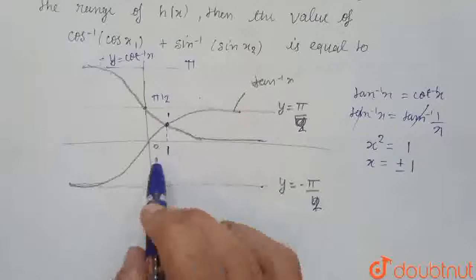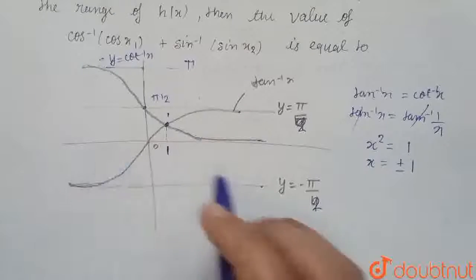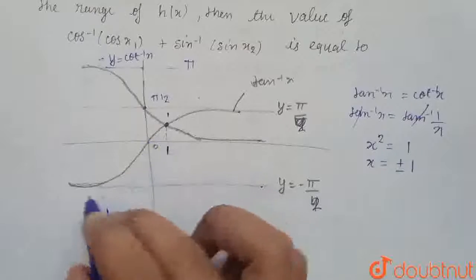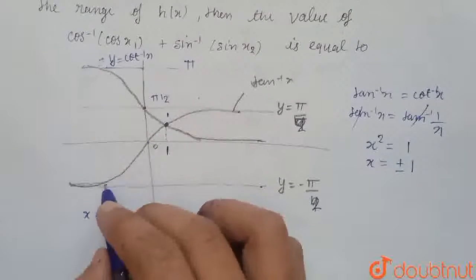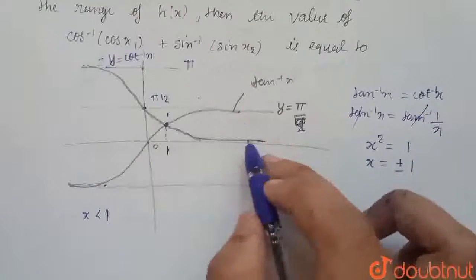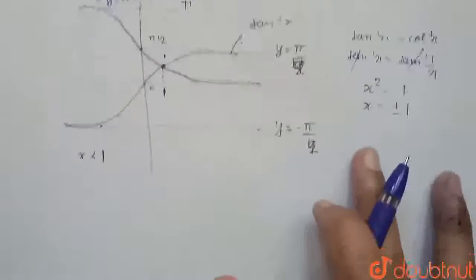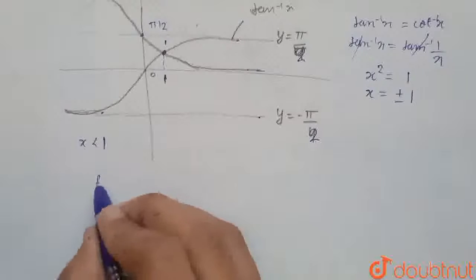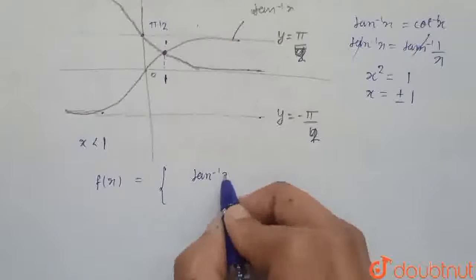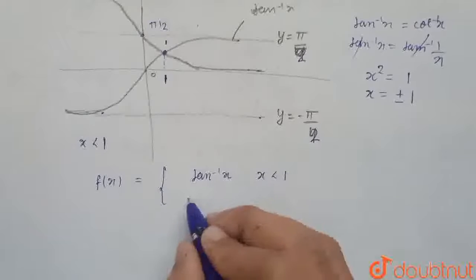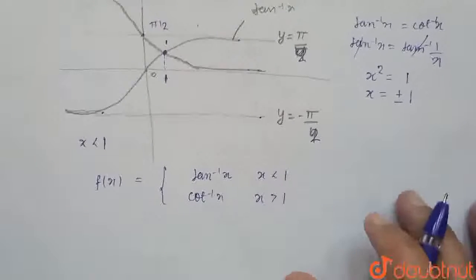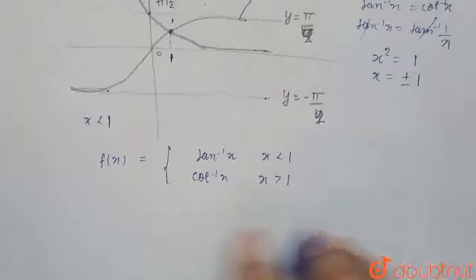So for x less than 1, we have the minimum value tan inverse x, and for x greater than 1 we have the minimum value cot inverse x. So our f(x) will be tan inverse x when x is less than 1 and cot inverse x when x is greater than 1.